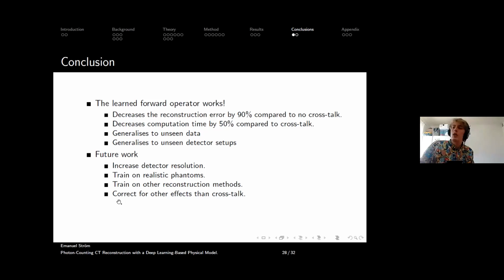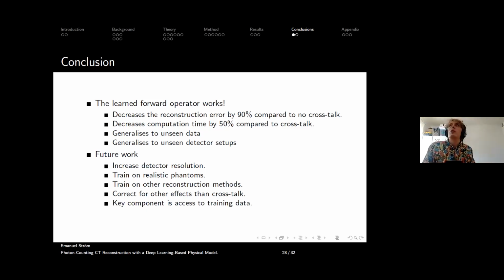So as long as we have training data using some detector setup, this deep learning approach can learn the physical model. And the key here is that we need to have access to high quality training data.